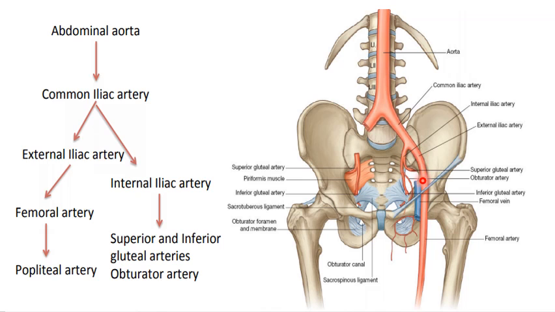The external iliac artery, which enters the front of the thigh beyond the inguinal ligament, is called the femoral artery, which continues as the popliteal artery in the back of the leg. In other words, the femoral artery is the continuation of the external iliac artery from the inguinal ligament onwards.